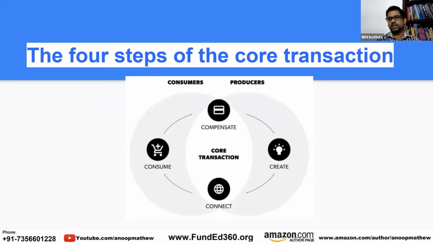Producers create either a service or a product or whatever it is, and the consumer consumes it. For example, if you are a textile manufacturer making shirts, and you are selling that through some online platform, the consumer will buy it.